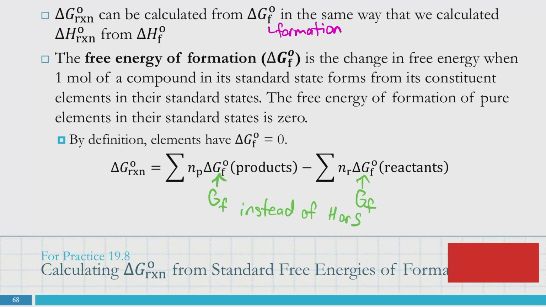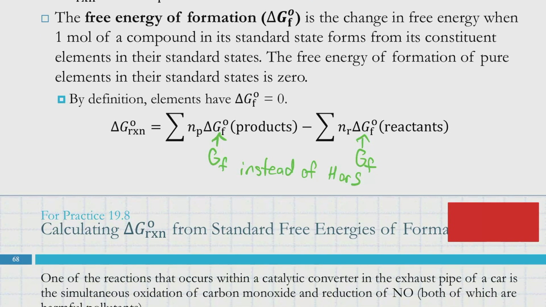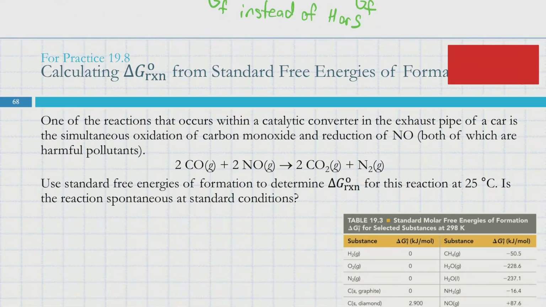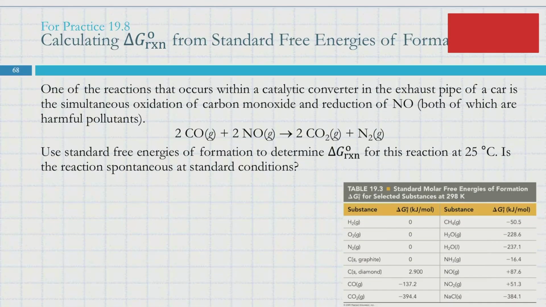I think the reaction is arguably more important. But this little point here, by definition, elements have a standard change in free energy of formation of 0. I think that's also very important, just in case you aren't given it on the exam on Wednesday for some reason.